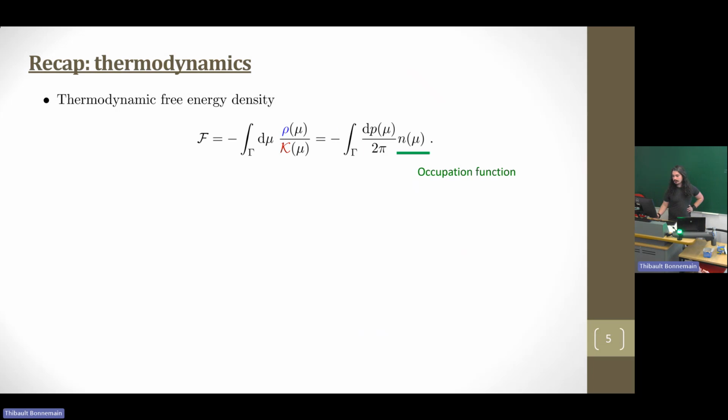And for example, also here, I'll take this opportunity to introduce the occupation function, which in the case of the KdV soliton gas plays the role of the density of free energy both in spectral and in real space. But of course, if you have a Fermi equivalent of your free energy density, it takes a different form.